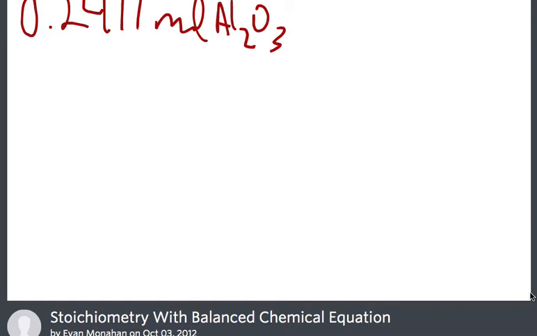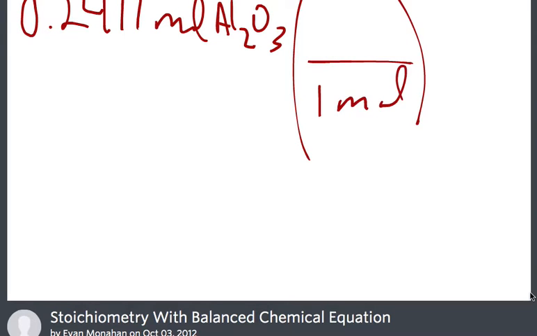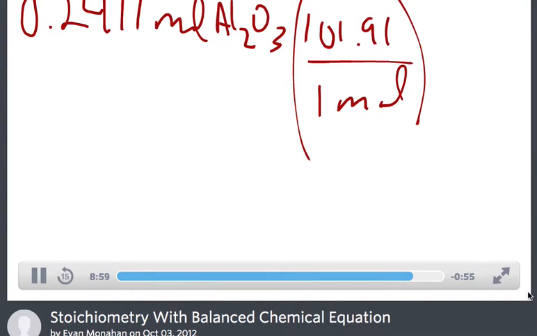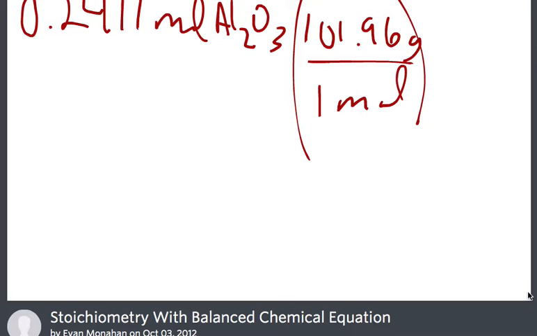I'm going to use a conversion factor here. And 1 mole of aluminum oxide is 101.96 grams. Okay, so in my calculator, I'm going to type in 0.2411 and multiply that by 101.96. And I'm going to write my answer again to 4 significant figures.